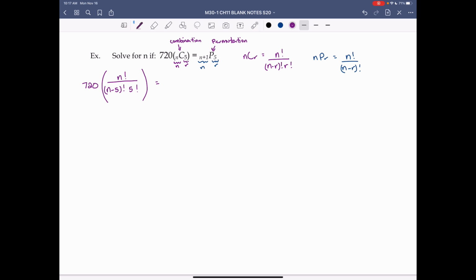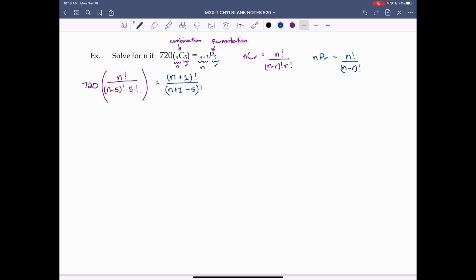And that is equal to our permutation, which would be n plus 1 factorial over n plus 1 minus 5 factorial.